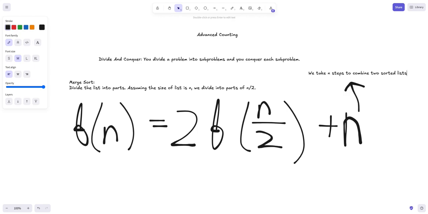One list is sorted and the other is sorted too, but you can't simply combine them because some of the elements in list 2 might be greater than some of the elements in list 1 and some might be lesser. So to combine those, you'll require n steps, and that is the conquer part of the algorithm.